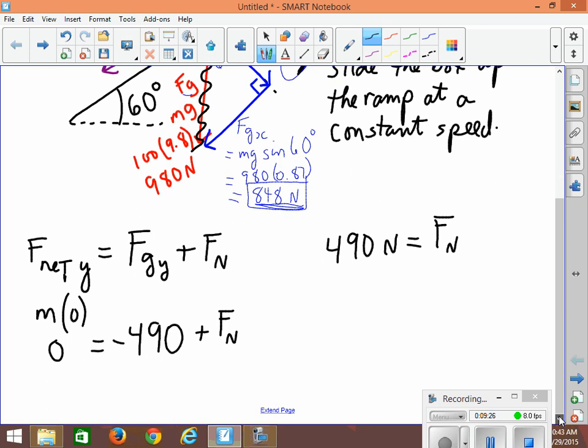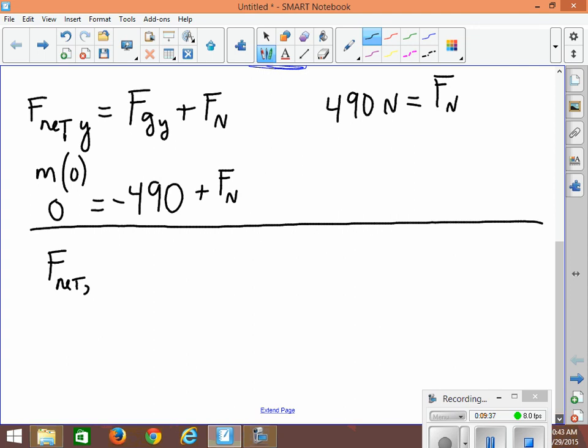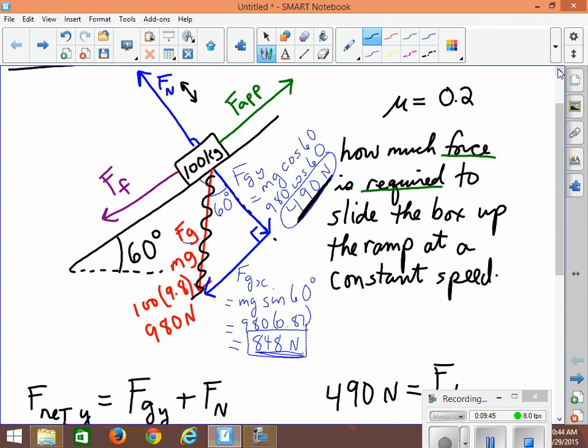Then, if we go down and do our F net X equation, I'll put a little line across there. For F net X, this has a little bit of extra than the example in the previous video. If you look at the picture and look for the arrows that are up and down the ramp, there are now three.